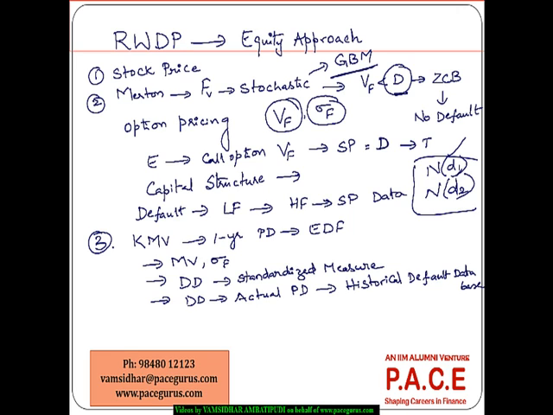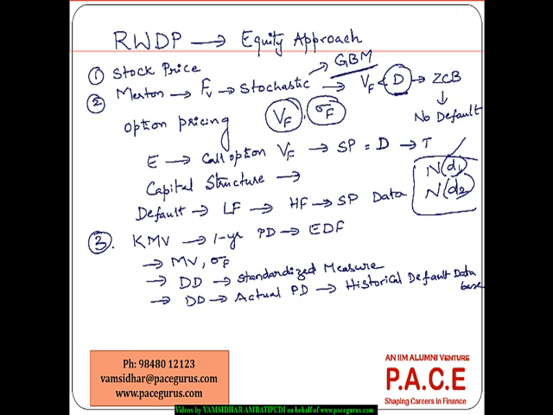If I'm saying the distance to default is 3, historically, how many companies which had a distance to default of 3 have really defaulted in the real world? So based on that, you compute the probability and say that this is the probability of default associated with the companies whose distance to default is around 3.